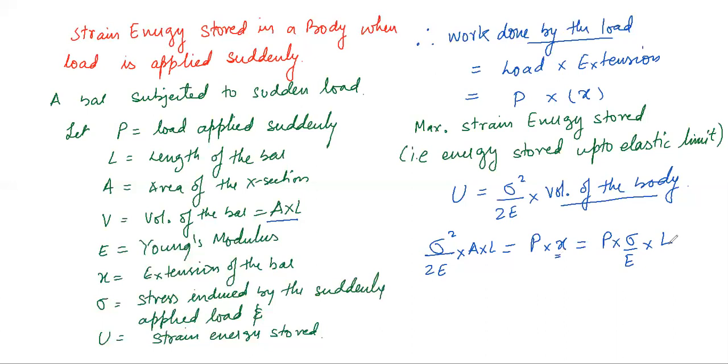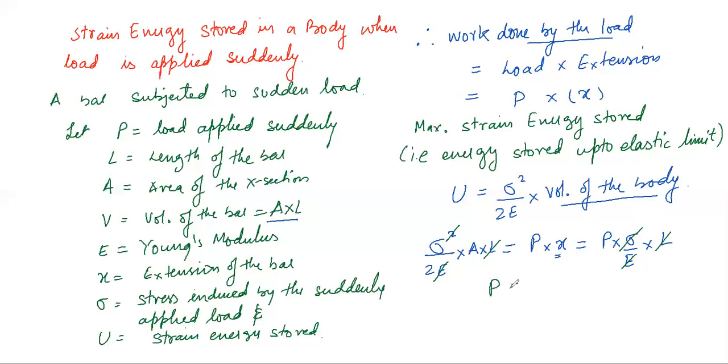So we can see that this sigma, and this square of the term is cancelled out. This L, and this E, and this E are also cancelled out, and we'll get P, that is the load.